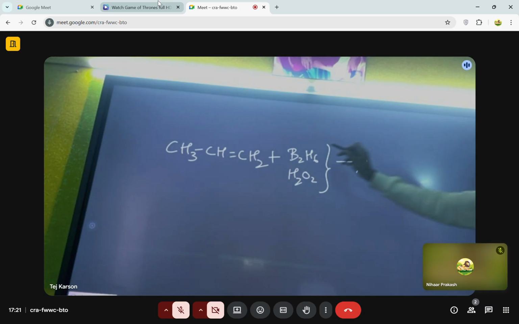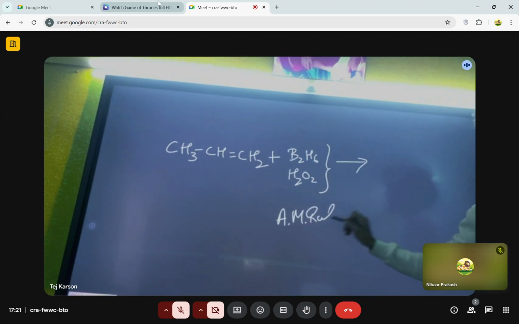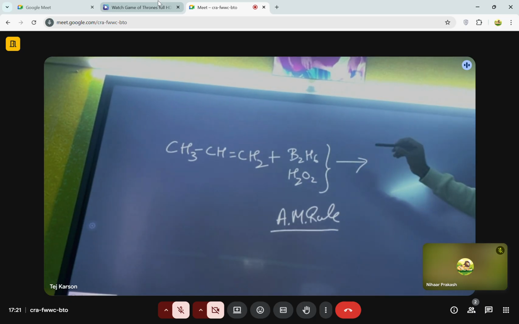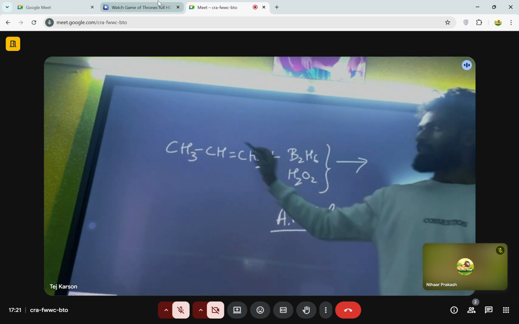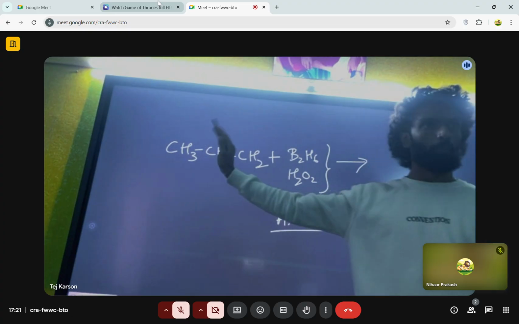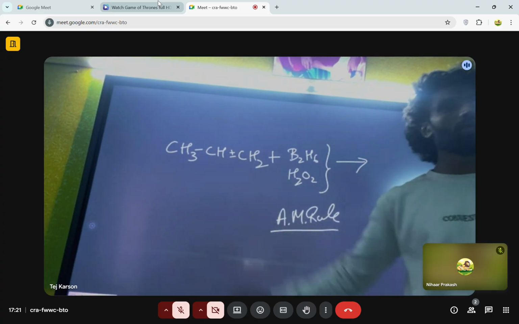So here, none of them will help. Obviously, the generation of OH is happening from H2O2, but it follows anti-Markovnikov's rule. Remember this, which means OH will go and sit on a carbon. Look at the three carbons right now. The first carbon is completely satisfied. But if the bond breaks between the second and the third, they won't be satisfied.